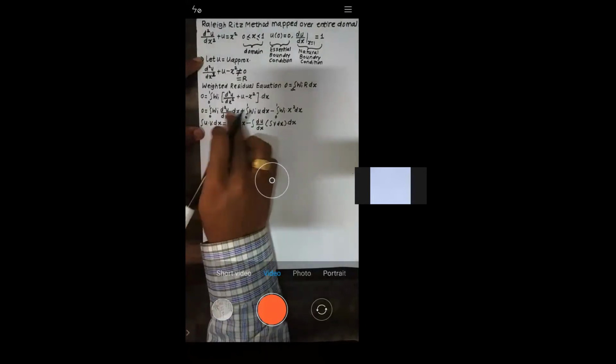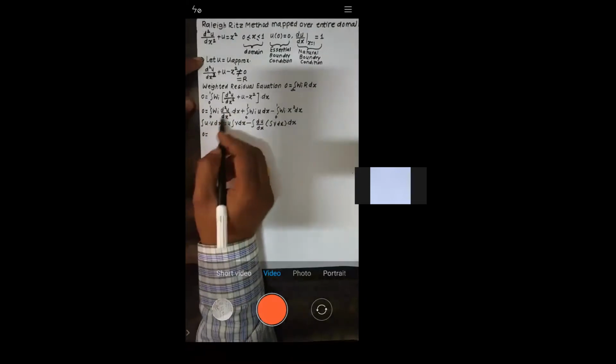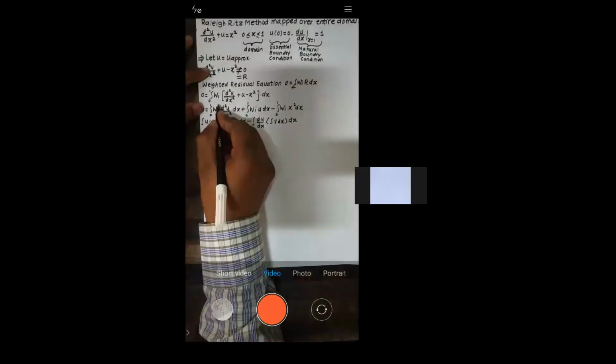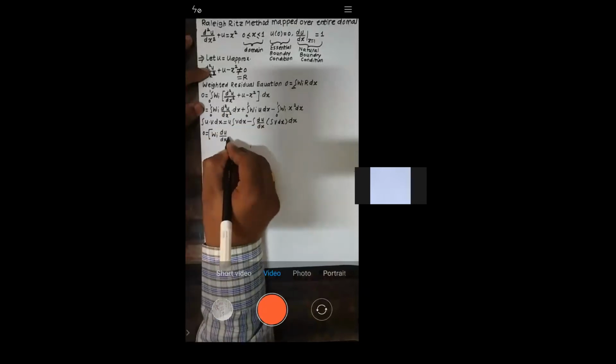So 0 is equal to, now tell me, what is the integration of this term? See, the first term you need to keep as it is, into integration of second, that is du/dx, for limit 0 to 1.